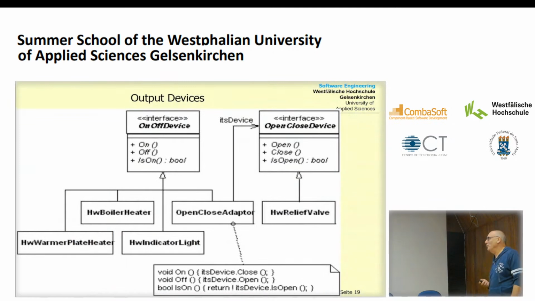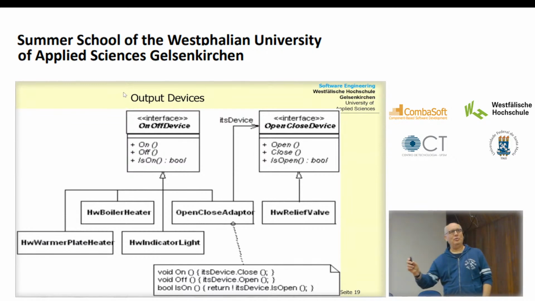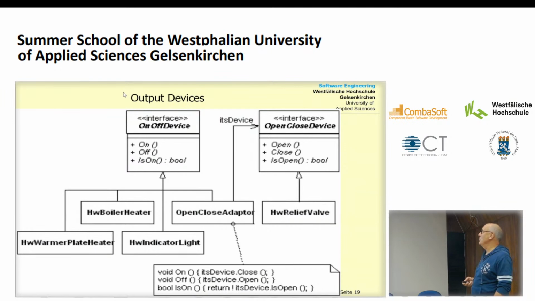Now we want to come to what is called an adapter. We have an on-off device. You can turn the machine on and off. And we have an open-close device, which is the valve.